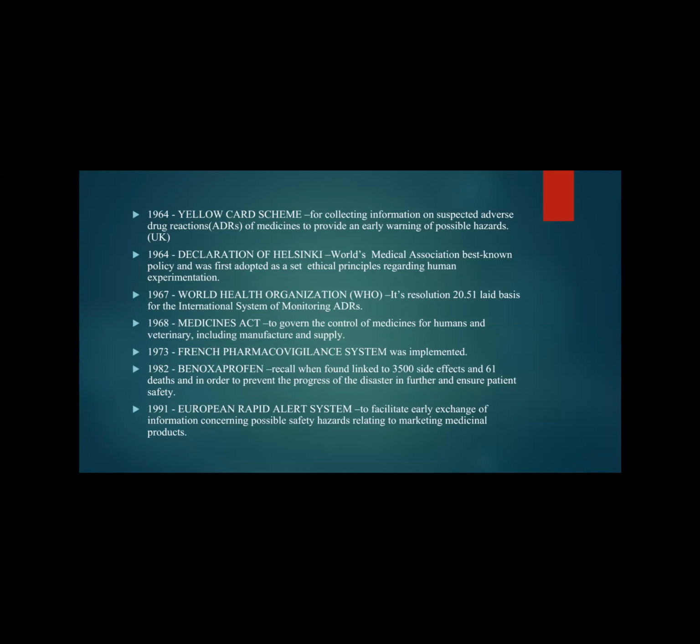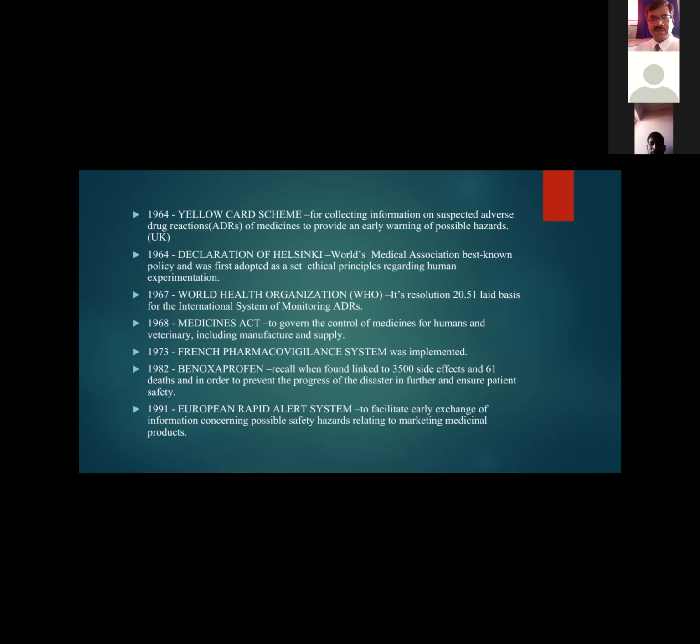Now, 1964, the Declaration of Helsinki was established, the World Medical Association's best known policy, first adopted as a set of ethical principles regarding human experimentation. 1967, the World Health Organization laid out a resolution as the basis for an international system of monitoring adverse drug reactions. 1968 was the Medicines Act.